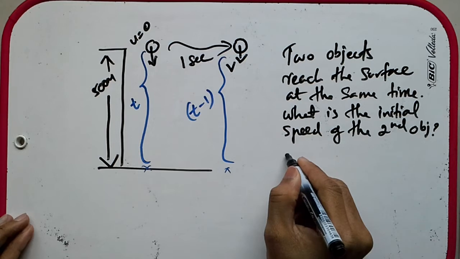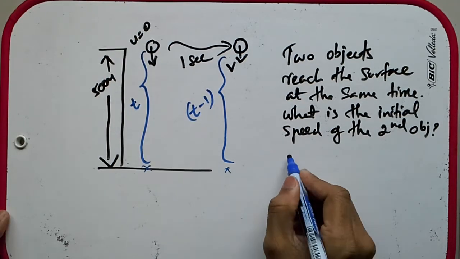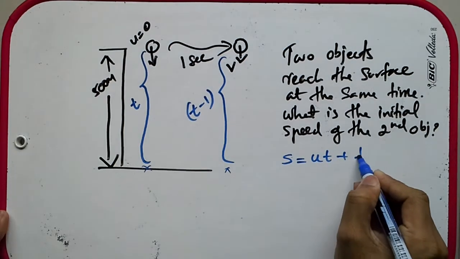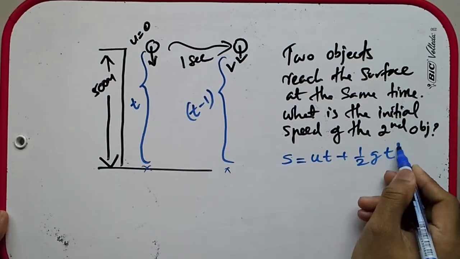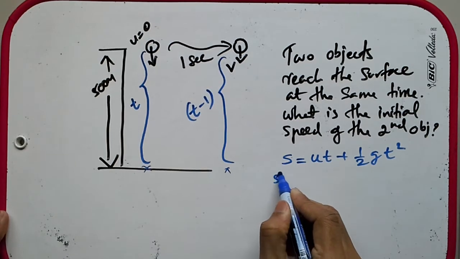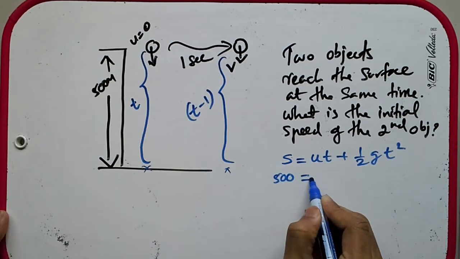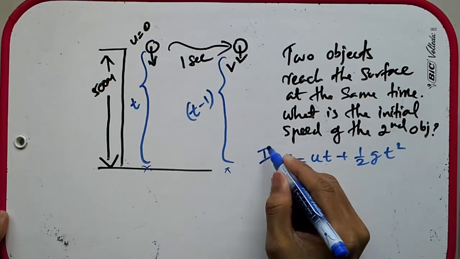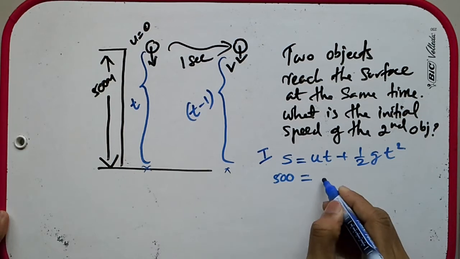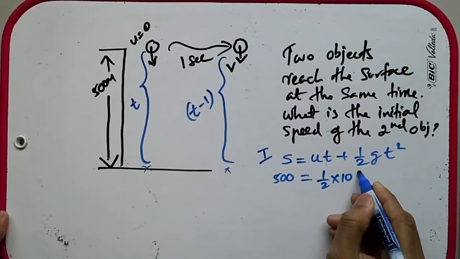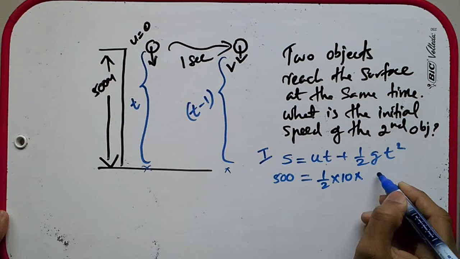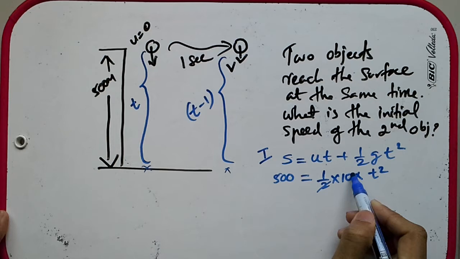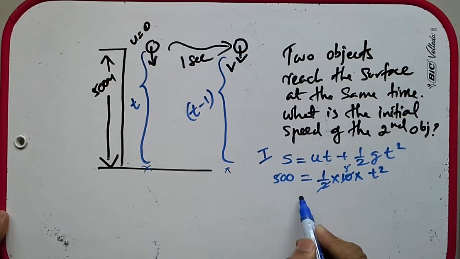I'll use s equal to ut plus half gt squared. S is 500. Initial speed for the first object is 0. So I'm using this for the first object. Half times 10, t squared. Half of 10 is 5.